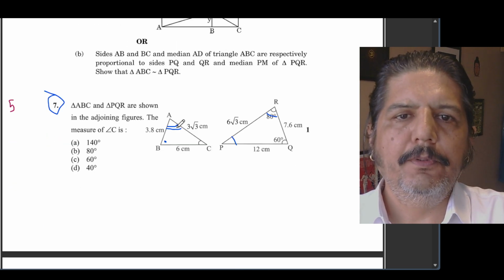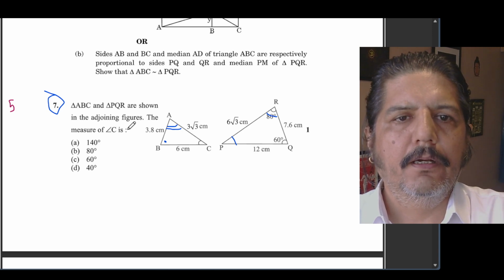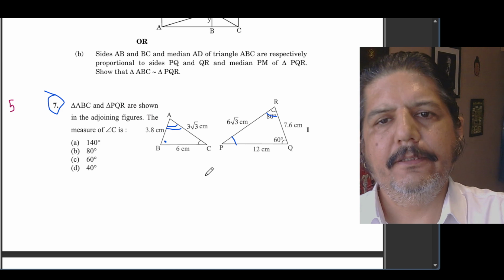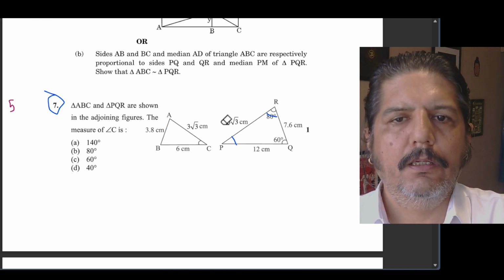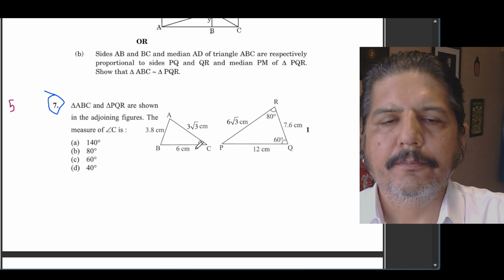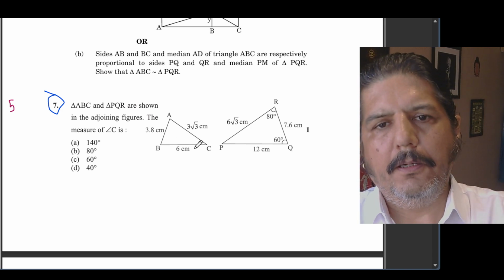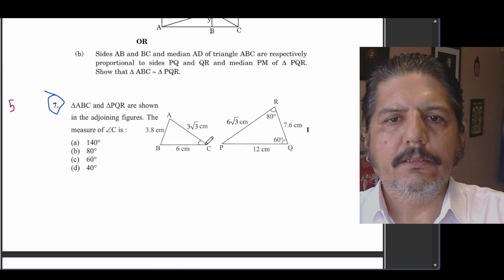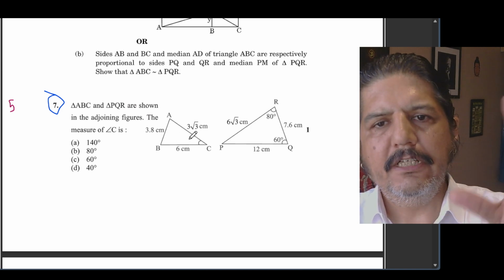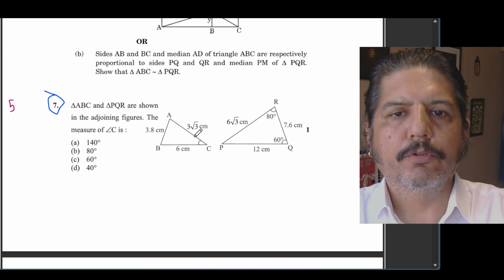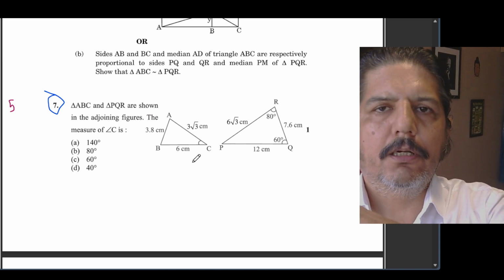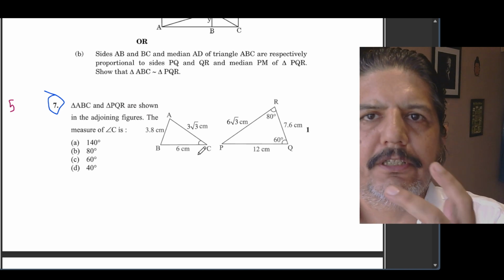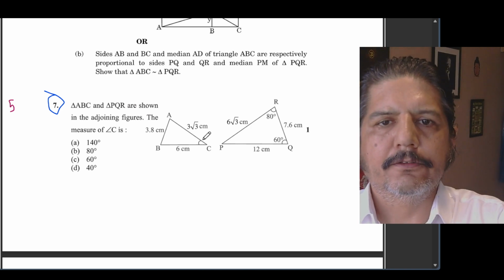So triangle ABC, PQR, okay, measure of angle C. So let's see. Now let's see, I have this angle. Let's try to figure out the proportionate sides first, and then we'll see the angles.